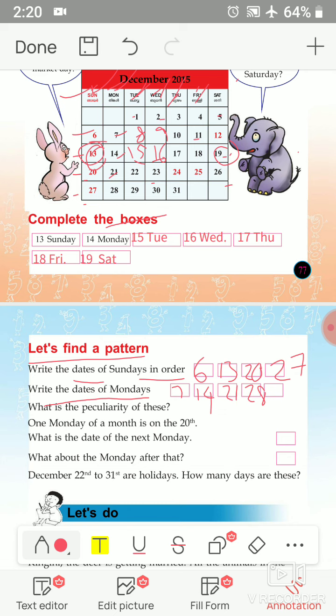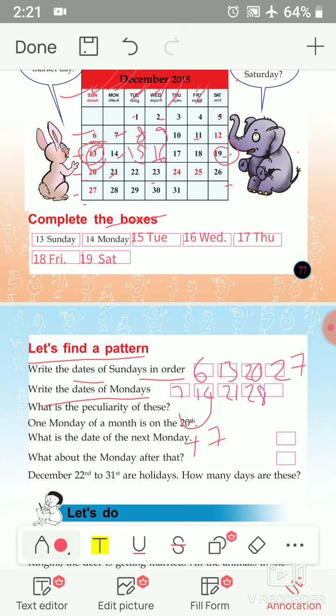Okay. Then my dear students, look at these numbers: 7, 14, 21, 28. Any peculiarities in these numbers? Look at these numbers and find the differences. 7, 14. Which is the difference? 7 plus 7 we get 14.